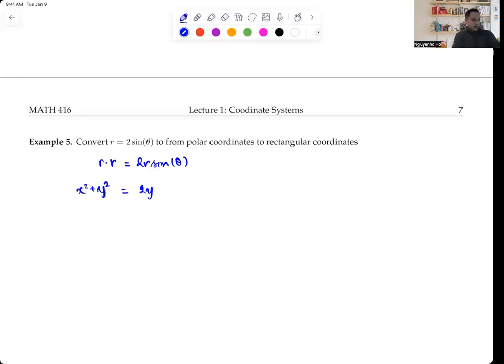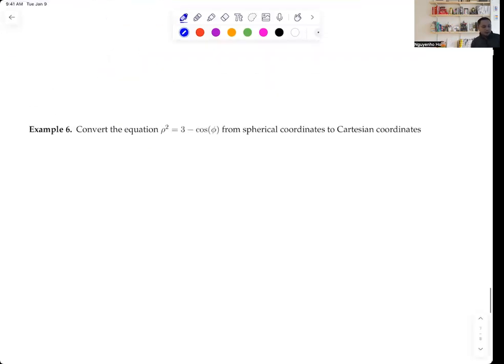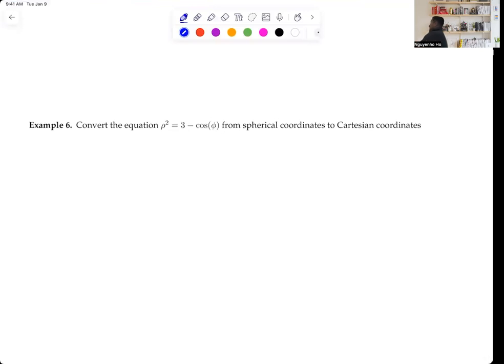Okay. In the next example, you want to convert this equation in spherical coordinates to Cartesian coordinates. Again, to do this, I want to make x, y, and z appear in my equation. So what I'm going to do is multiply both sides by rho again.